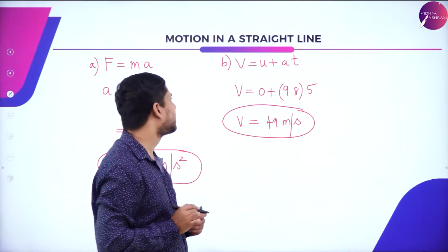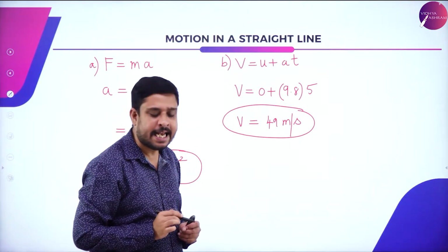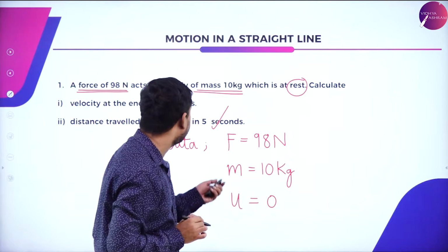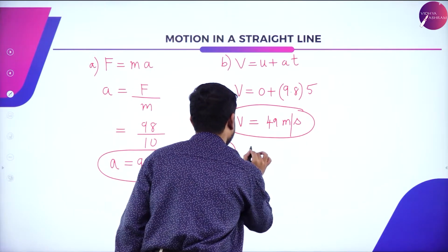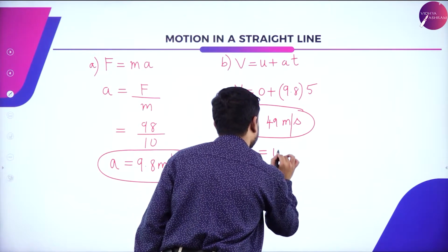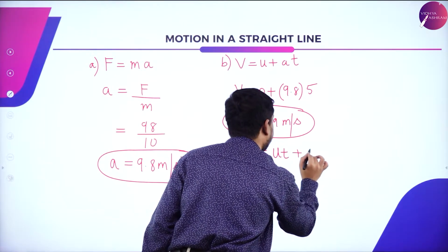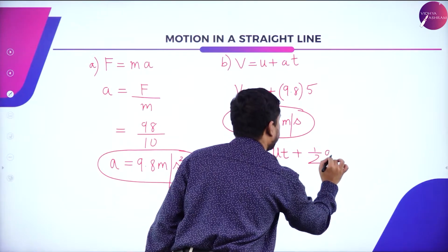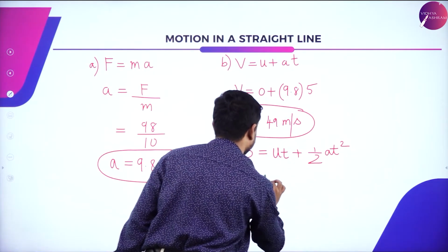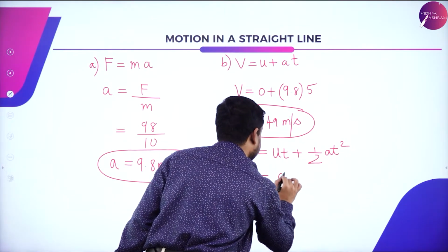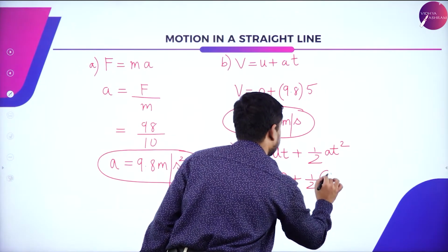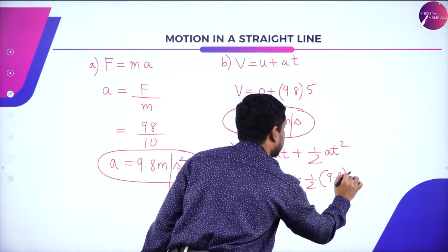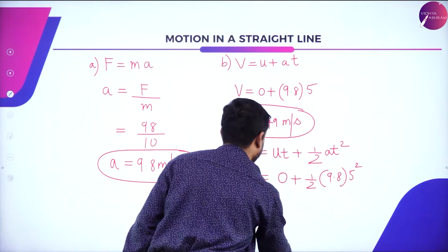Finally, distance traveled by the body at the end of 5 seconds. So S equals UT plus half AT square. So this turns out to be 0, plus half into 9.8 into T square.